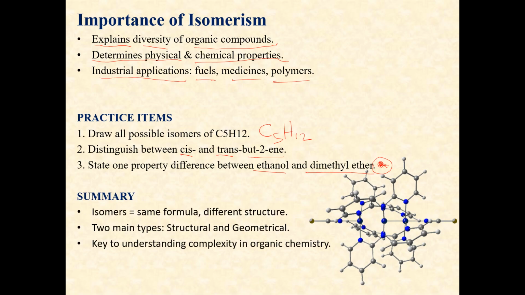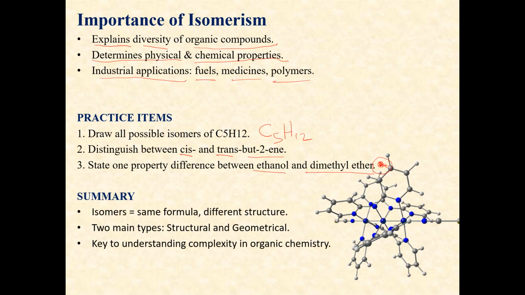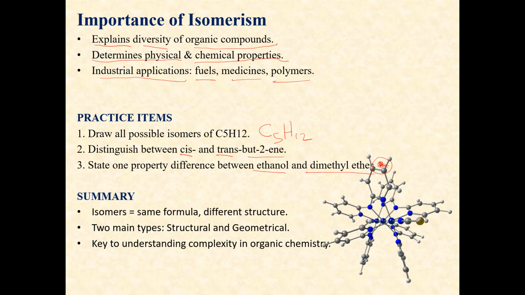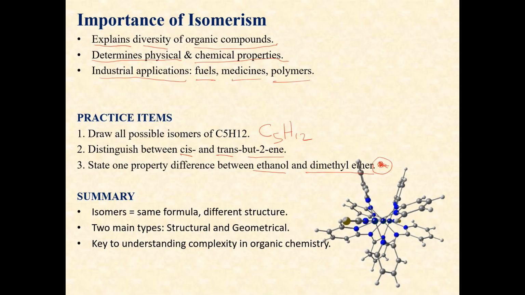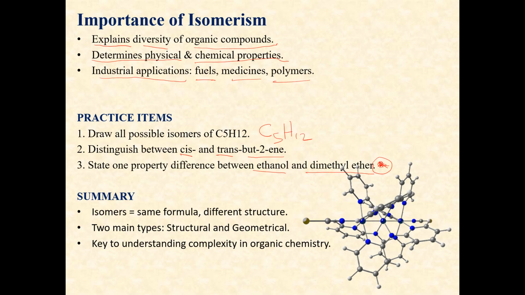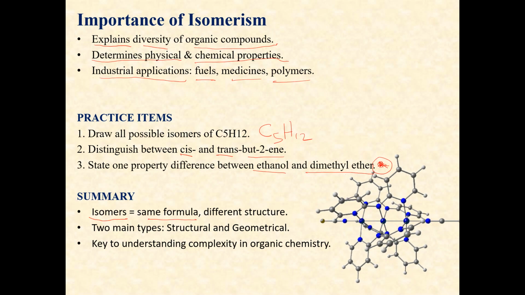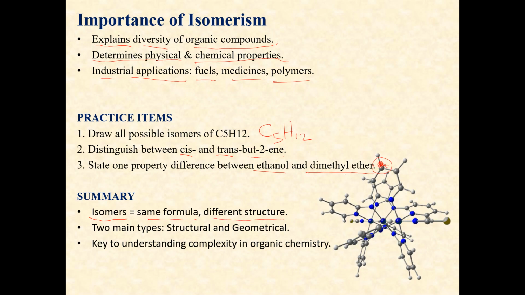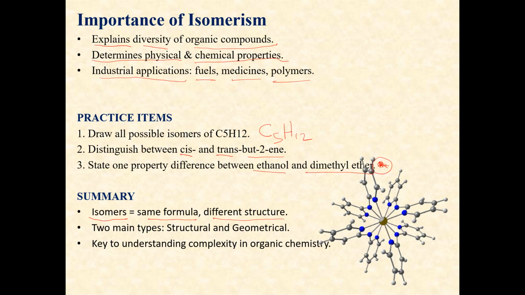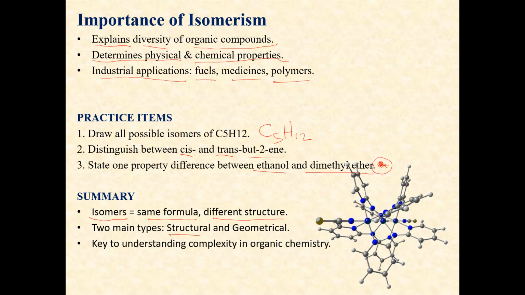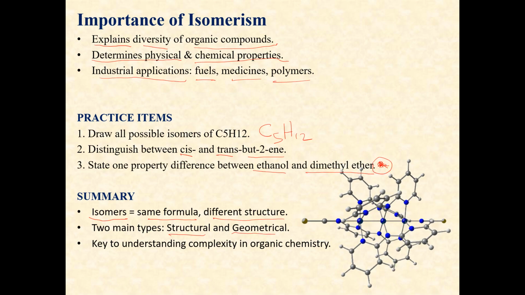And in summary, what we have discussed in today's session is that under isomerism, the compounds formed are called isomers, and these isomers have the same formula but different structures. There are two main types, the structural and the geometrical.